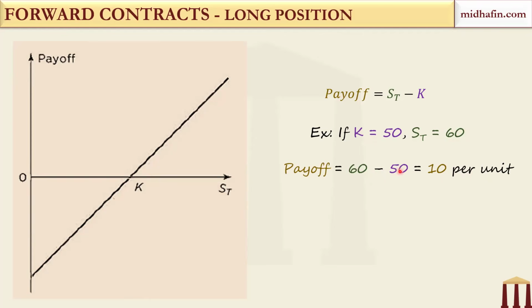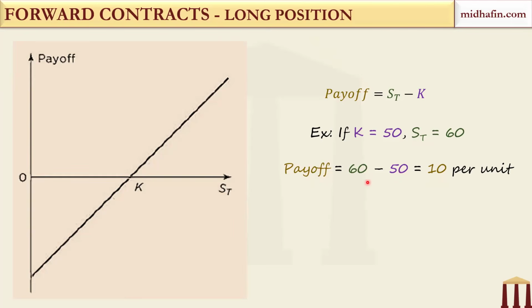Maybe we agree to enter into the contract with a quantity of 1,000 kilos or 100 kilos, whatever. Based on that, we'll multiply 10 by the quantity and get the total profit. So obviously the payoff for the long position in this case is positive.